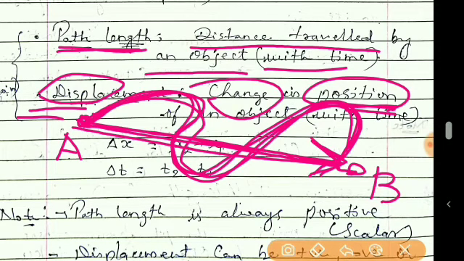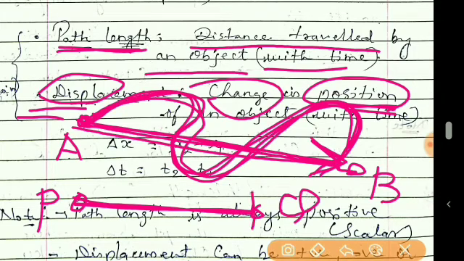If a person is moving from point P to point Q in a straight line only, then in that case the path length is this much as well as the displacement is also that much. It means the path length can be more than or equal to the displacement. Displacement cannot be more than path length.